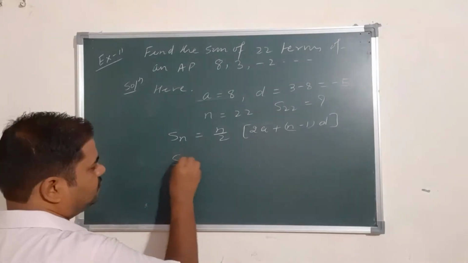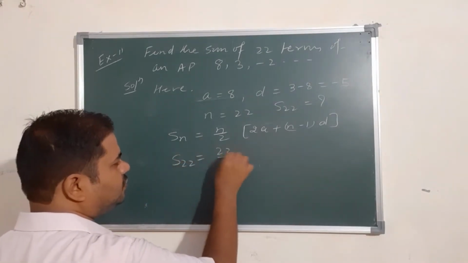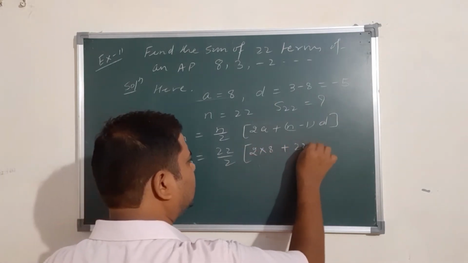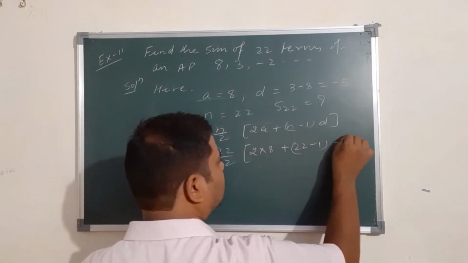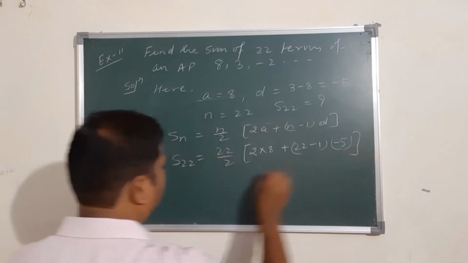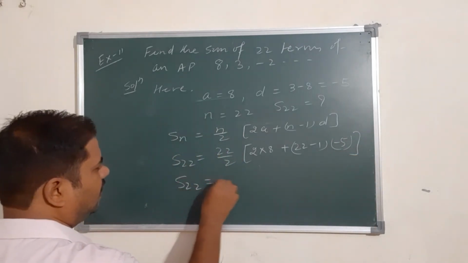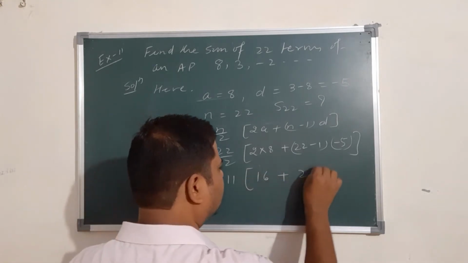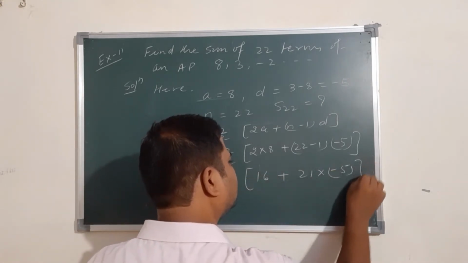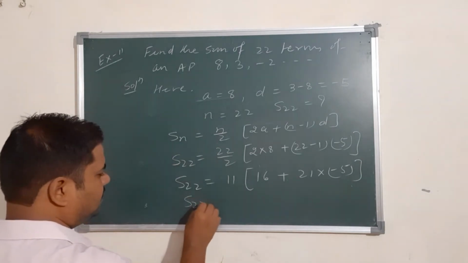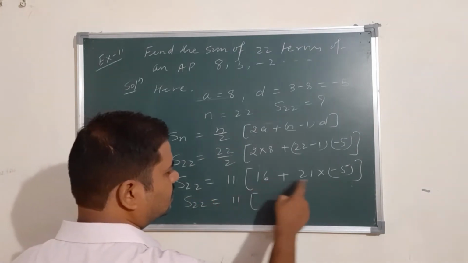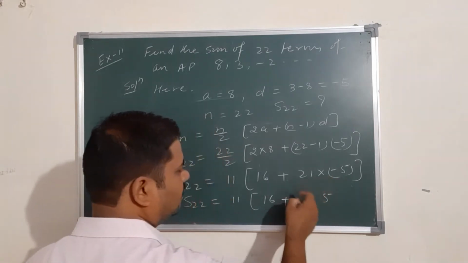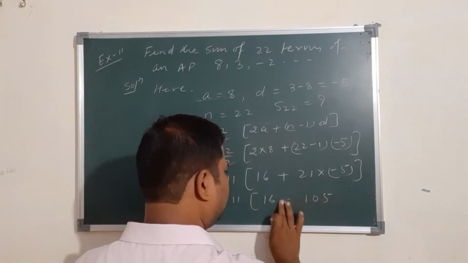So S22 is 22 by 2 into 2 into 8 plus 22 minus 1 into minus 5. And you calculate it, we will get 11 into 16 plus 21 into minus 5.